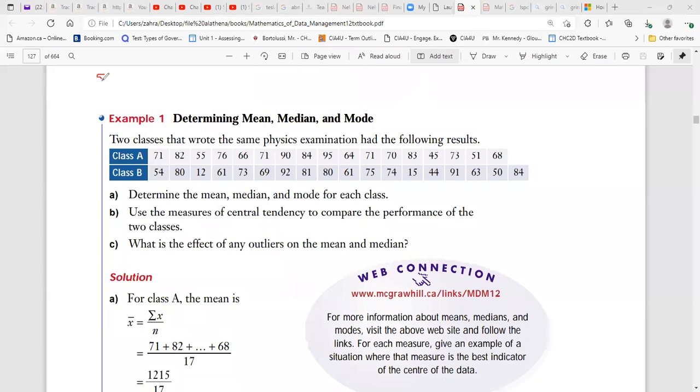I'm gonna put 51 here. Actually, the lowest is 45. 45 is there. Then let's see if we have anything else. Then 51, then 55.